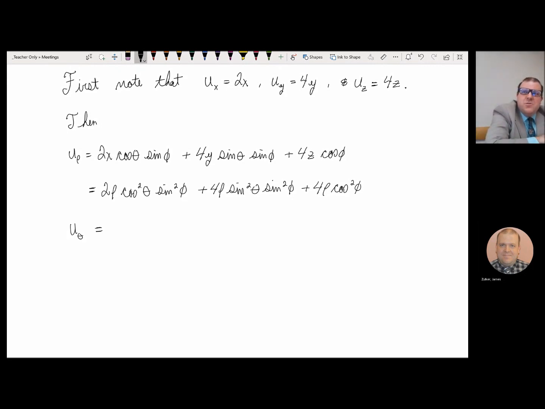The partial with respect to theta would be negative U_x sine of theta sine of phi. Plus, why did I not write a negative when I specifically said negative? U_y, and that was cosine theta sine phi.